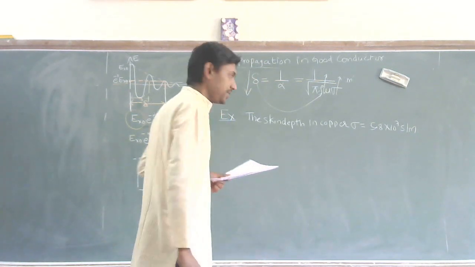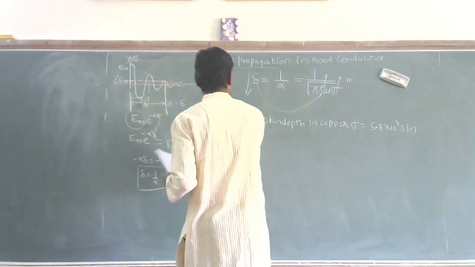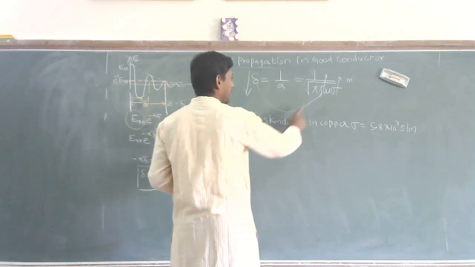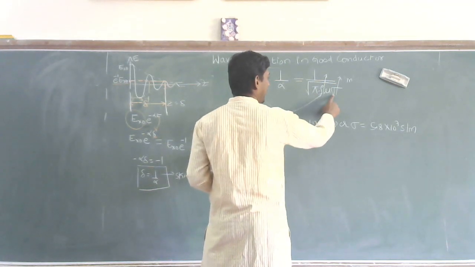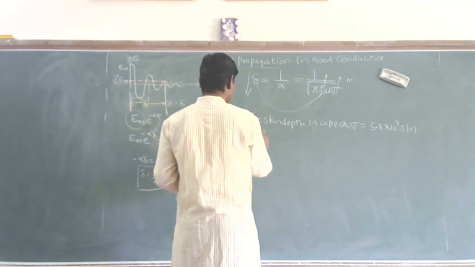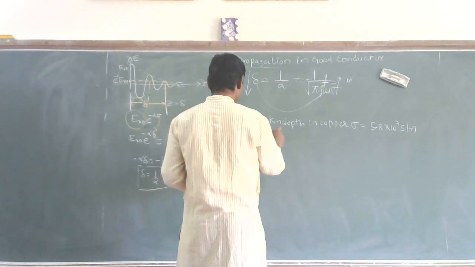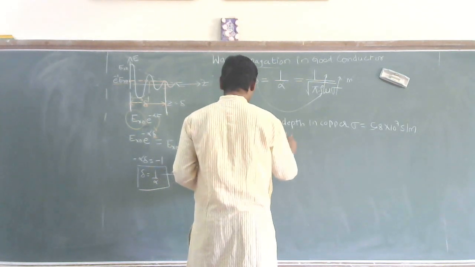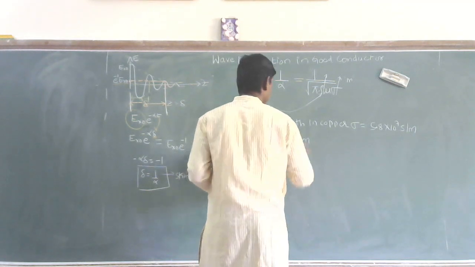That's the conductivity. If you apply the whole formula, that is pi, mu, and sigma, I can write this delta as 66.1 divided by root f, and it is in millimeters.